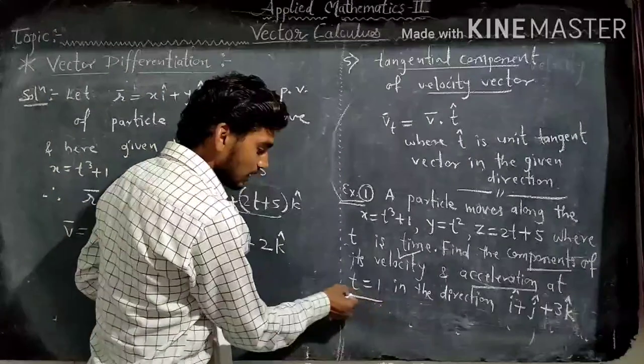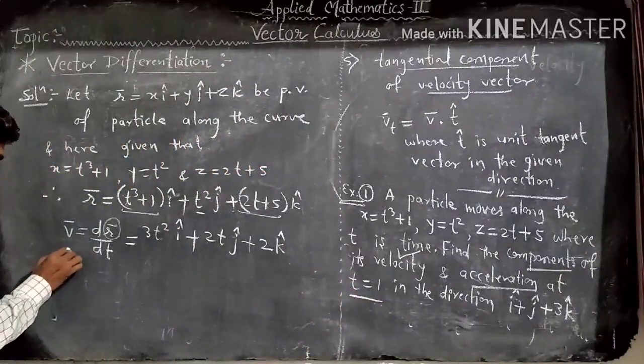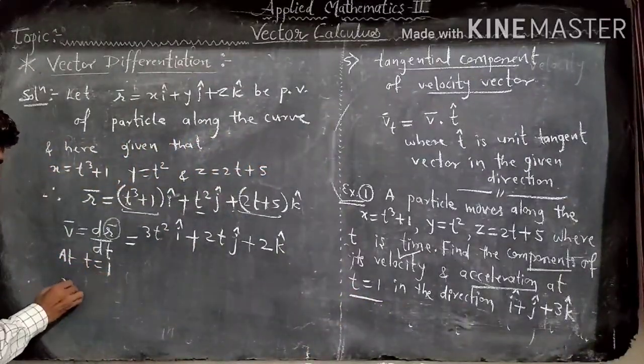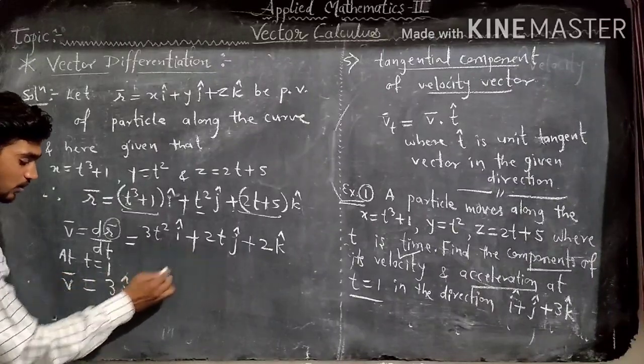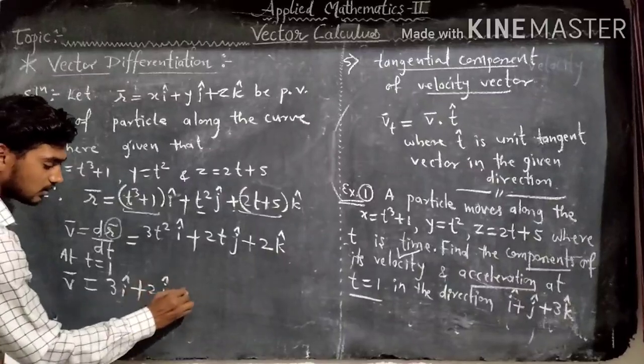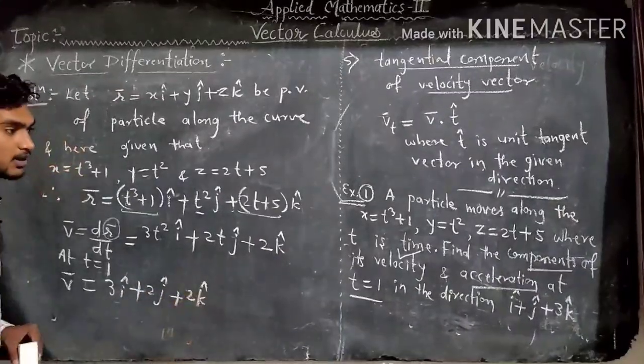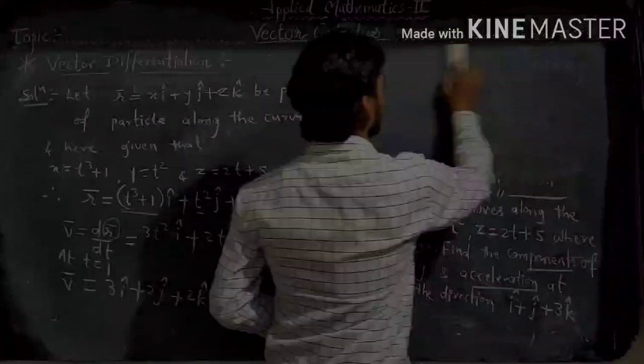But at time t equal to 1, velocity vector will be 3i plus 2j plus 2k. Say equation number 1.